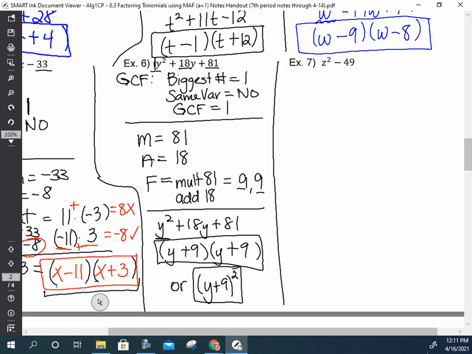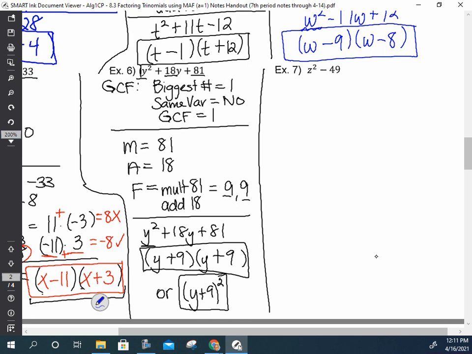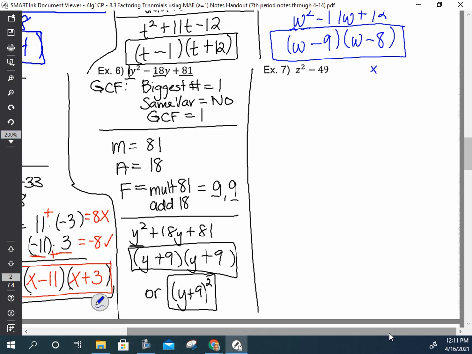All right, so example 7. What do you notice about example 7? There's only 2 terms. So compare example 6 to example 7. Which one is missing? The first, the middle, or the end? The middle is missing. So we have 2 terms, and the middle term is missing.